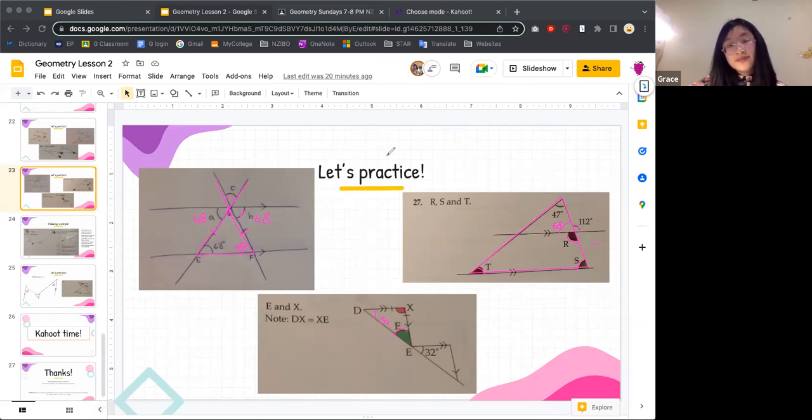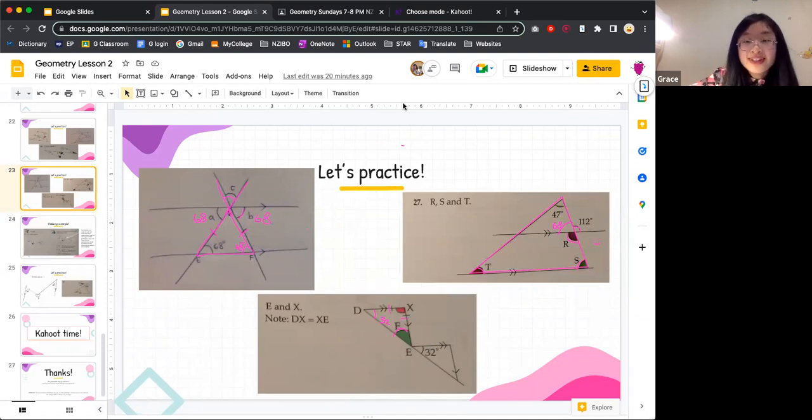So it's isosceles, right? So we've got these two sides equal to each other. So we've got the base angle. So this angle here, we would have 32 degrees as well, right? Because in isosceles triangles, the base angles are always equal.